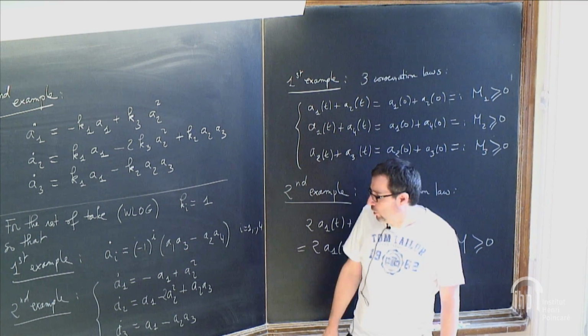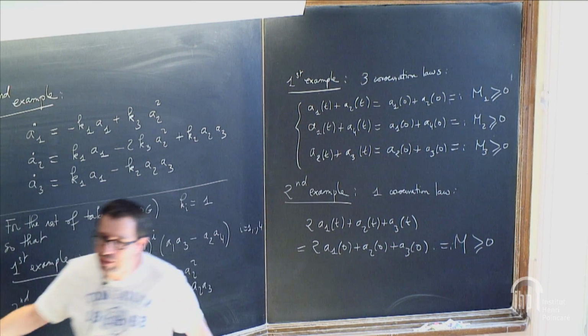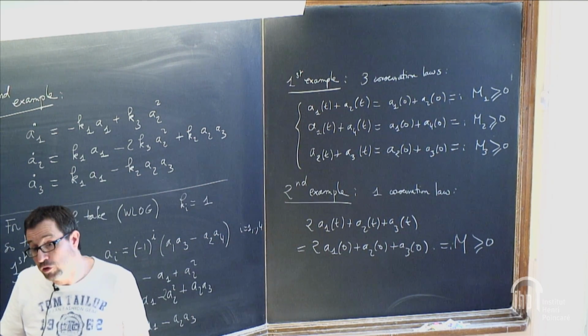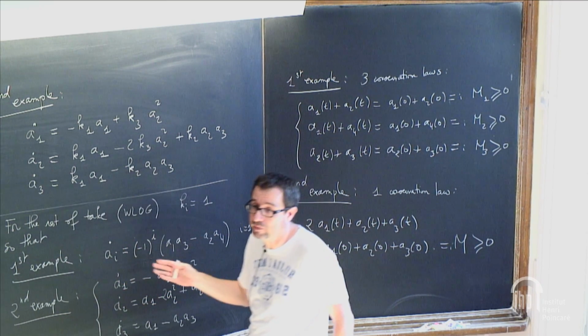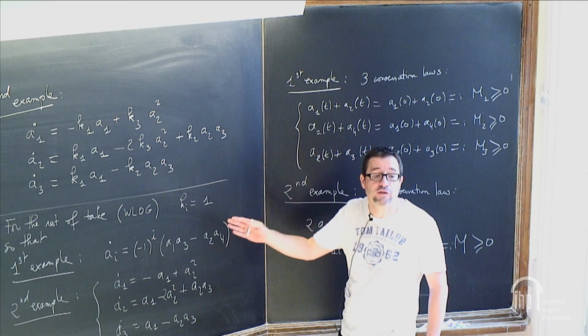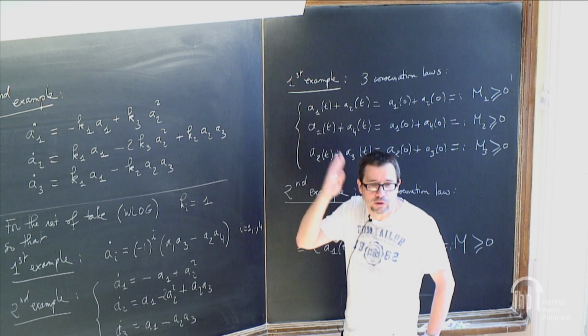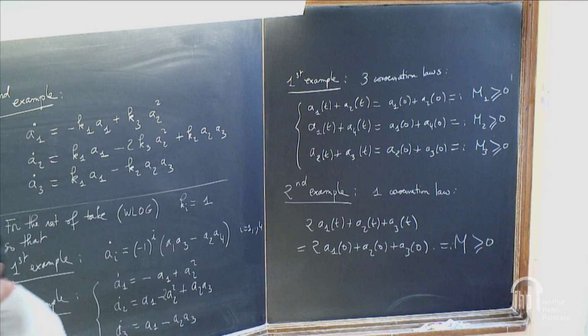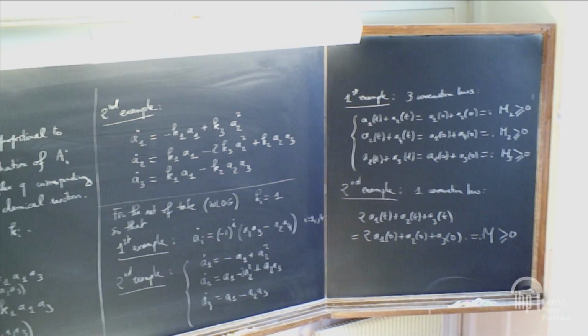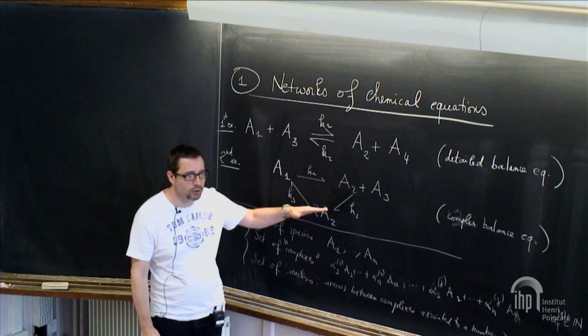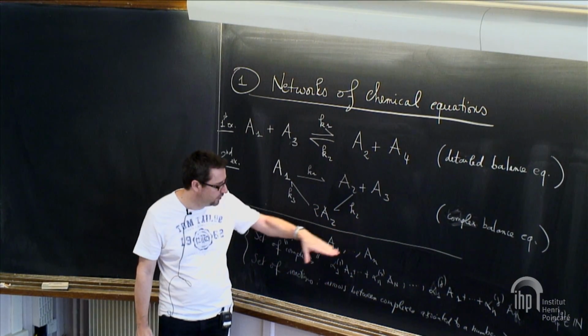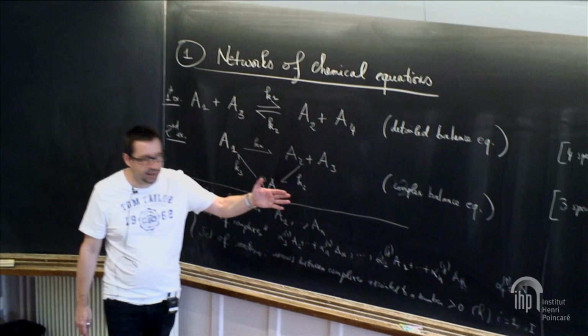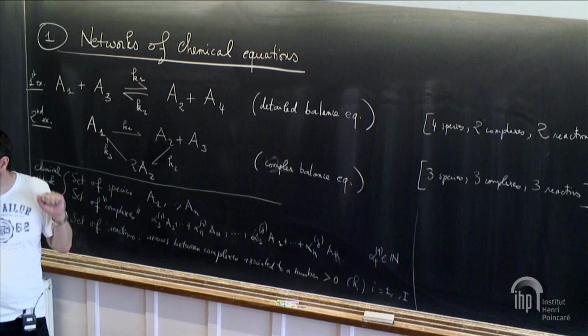Okay. So for both the examples that I have written down, the study from the point of view of dynamical systems consisting of ODEs is something which is very easy to do and which has been known for, let's say, forever. Now, the people who have been interested in this business, in dynamical systems, their main purpose is to try to understand if, when you look now at a completely general chemical network, which is given by this, you can guess the large time behavior of the system.